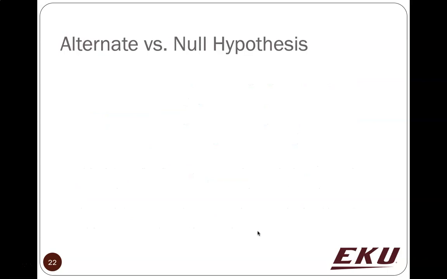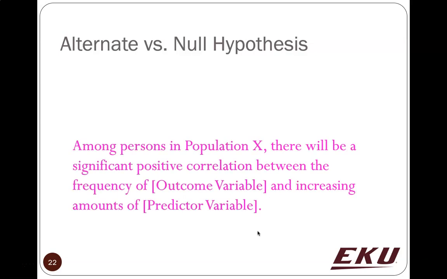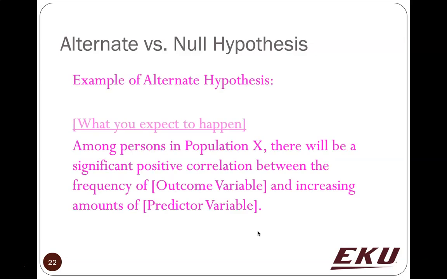Now, when you're looking at the introduction of scientific papers, you may find the alternate hypothesis. The alternate hypothesis may look like what we just saw there. An alternate hypothesis is what you expect to happen. Sometimes the alternate hypothesis in a paper is implied.